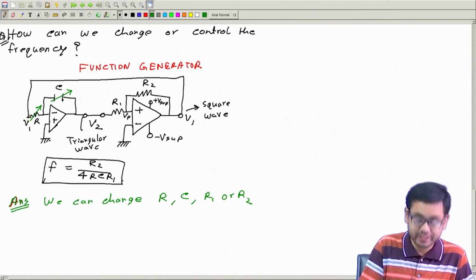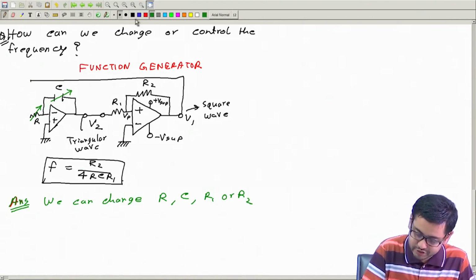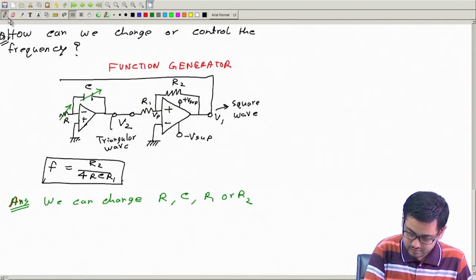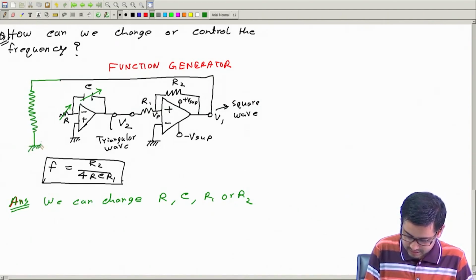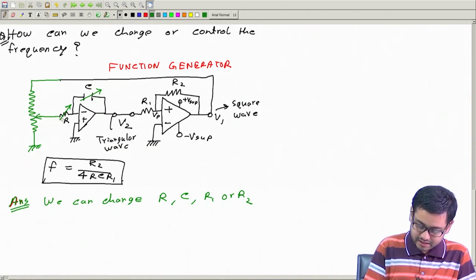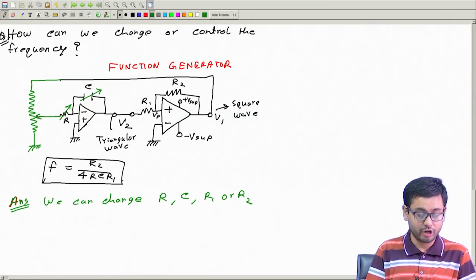Instead of connecting this output directly here, let's take a potential divider, like this, and this you feed here. So now the voltage that actually comes here is not the entire V supply, but a fraction of it.